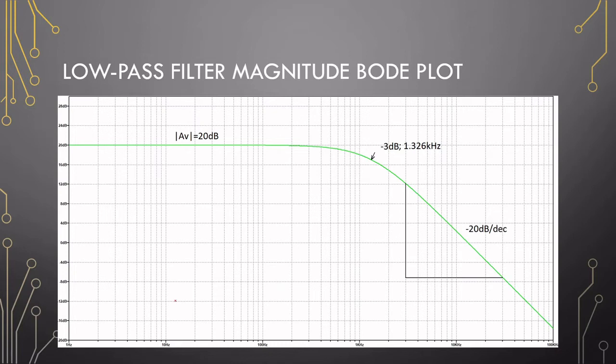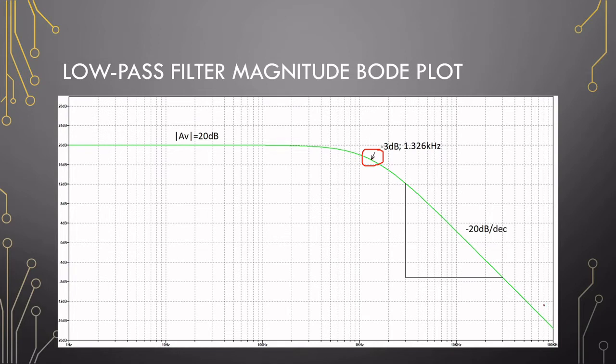Okay, so in terms of a Bode plot, the passband gain is at the lower frequencies. The cutoff frequency is here at the minus 3 dB point. So since this is 20 decibels for this one, that point will be at 17 decibels.